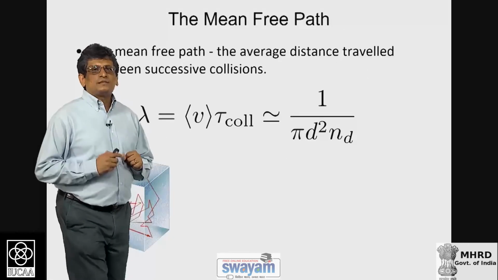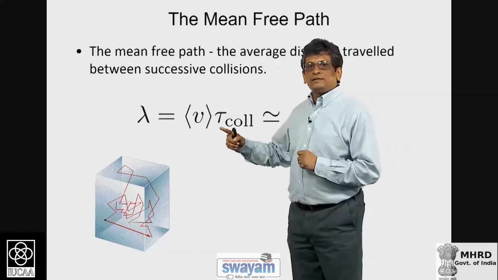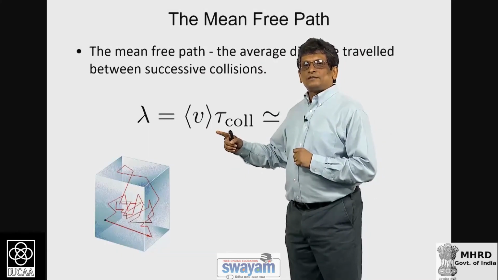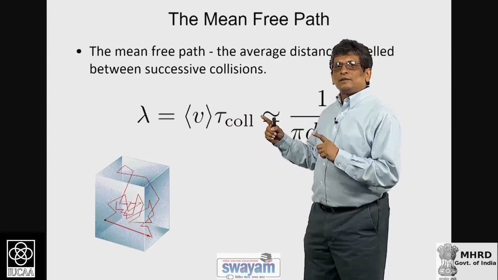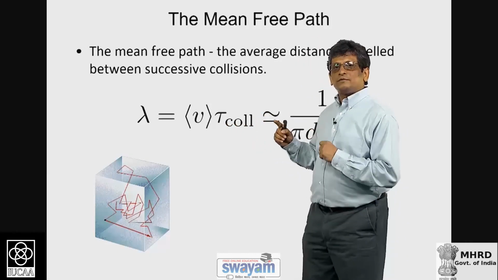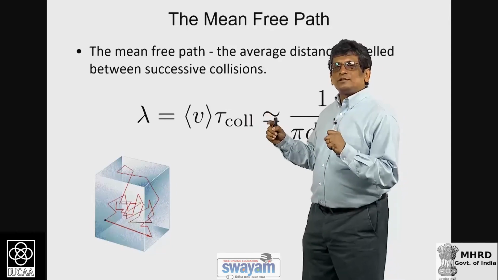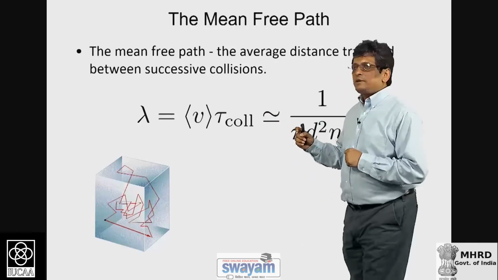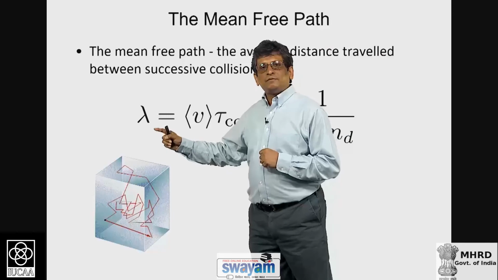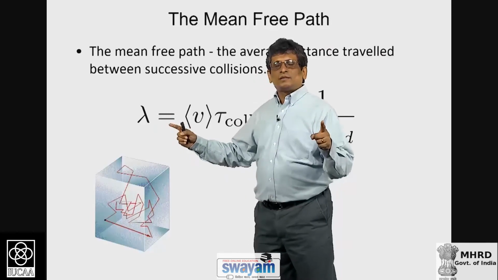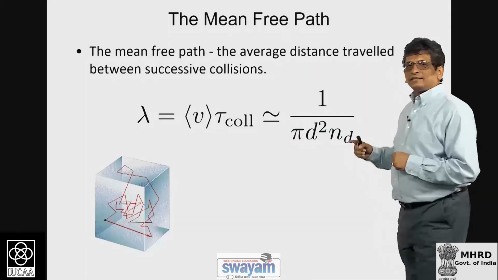Now, if we take the mean speed of each star and multiply by the collisional time, the time interval, then the actual distance between two collisions we can define as the mean free path, just like we do in the kinetic theory of gases, which is the mean length between collisions, and that's given by this expression.